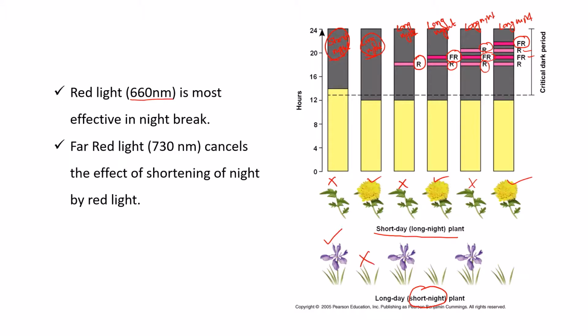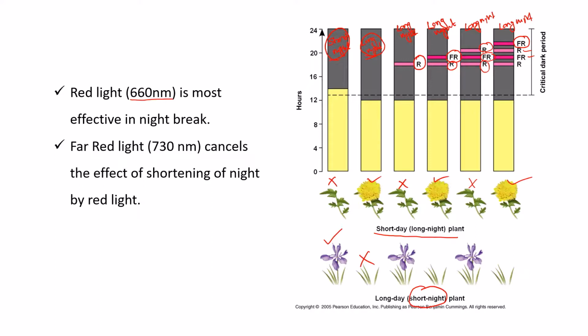Okay. Next, red light is given in a long night. That's why it is a night break. Night break will decrease the length of night.